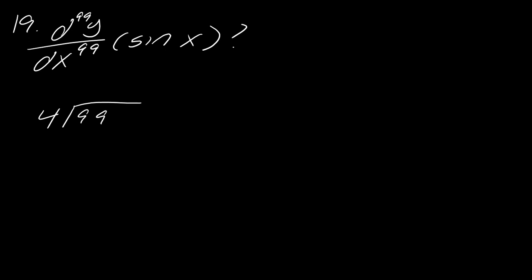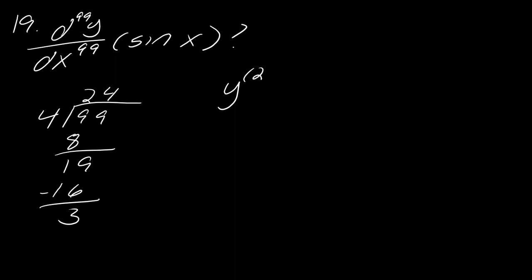If I set this up and do my division here, this is going to go through a total of 24 times. So we're going to go through the cycle 24 times total, and then in the last cycle we'll get up to that third derivative. We basically have now figured out that the 96th derivative, the end of the fourth cycle, gets us back to sine of x.